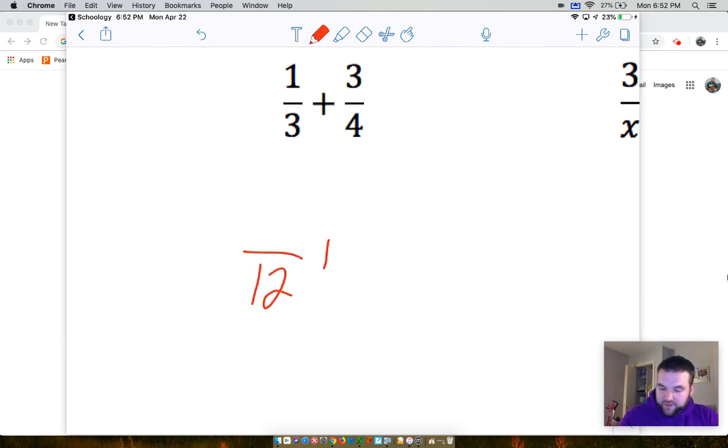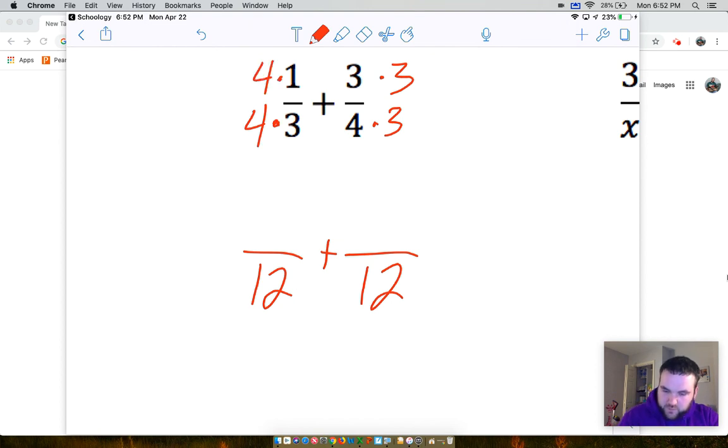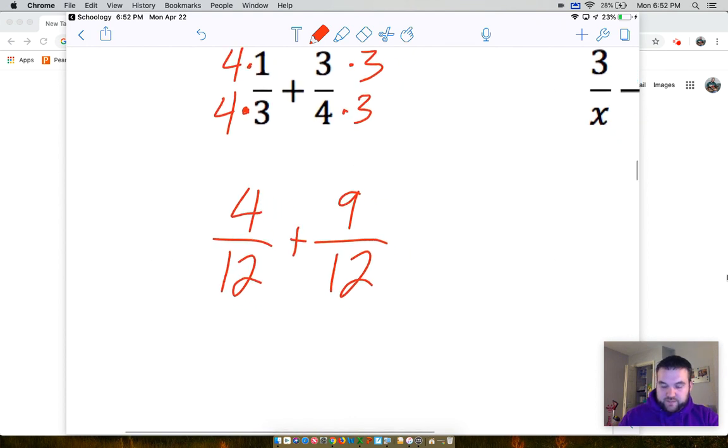So if I can get the bottoms to both be 12, then that allows me to add the numerators. So I'm going to multiply this second fraction by 3 and the first fraction by 4. So 1/3 becomes 4/12 and 3/4 becomes 9/12. Then to add those fractions together, I simply add 4 and 9 and I get 13/12, and we leave it like that. We're done.